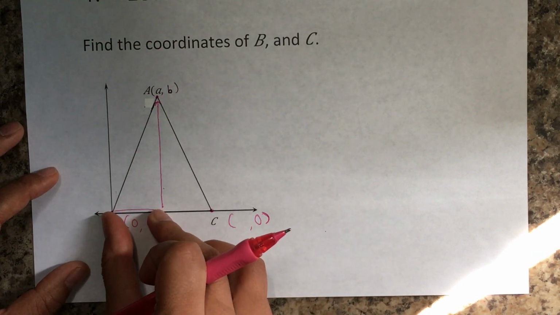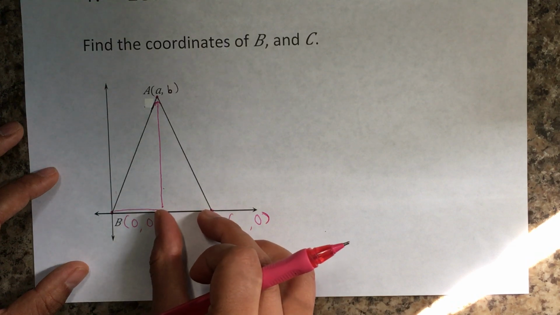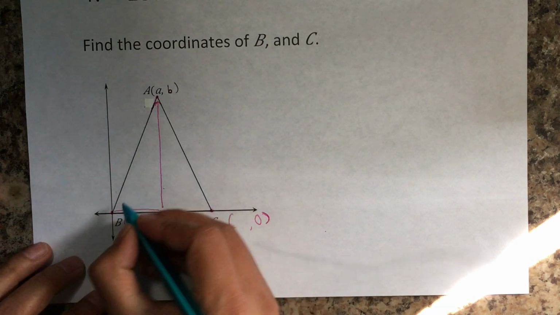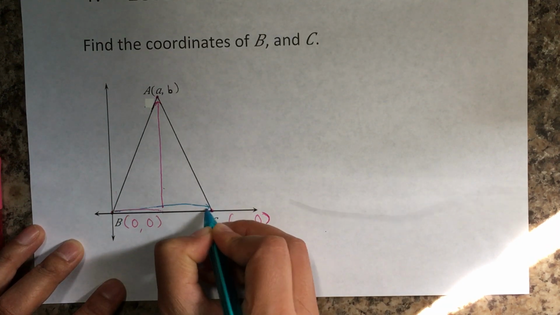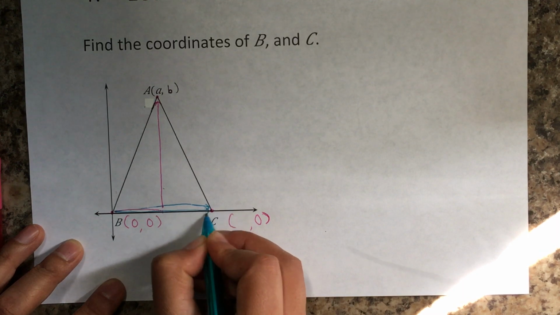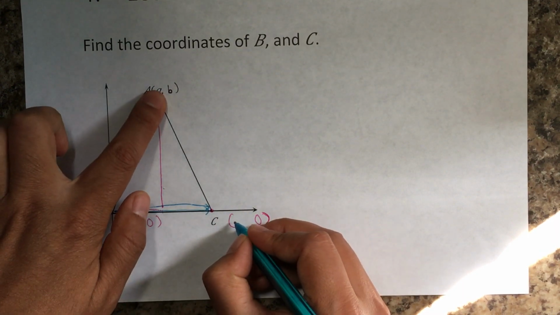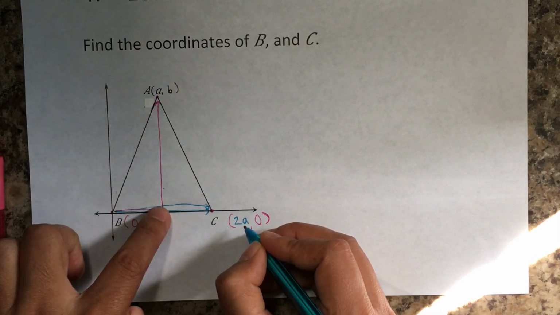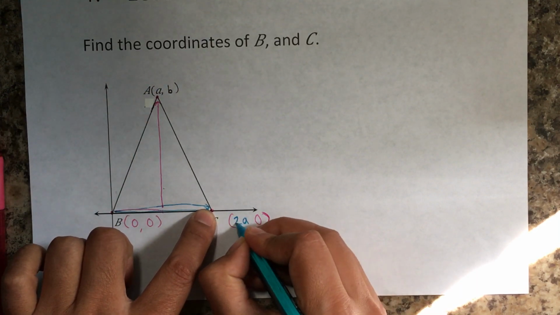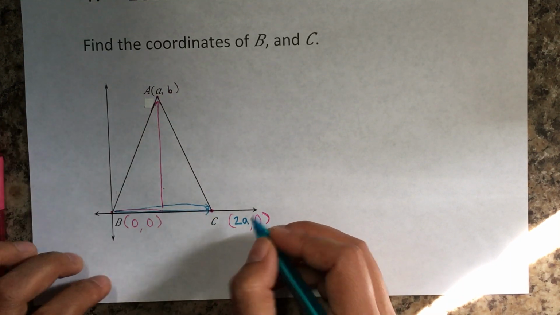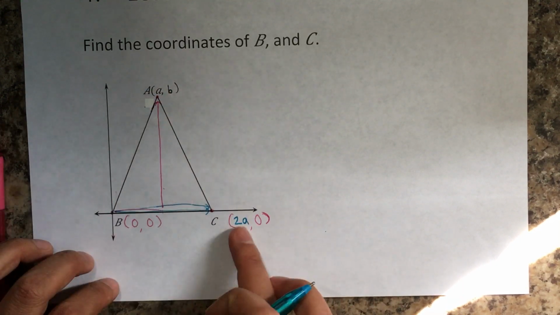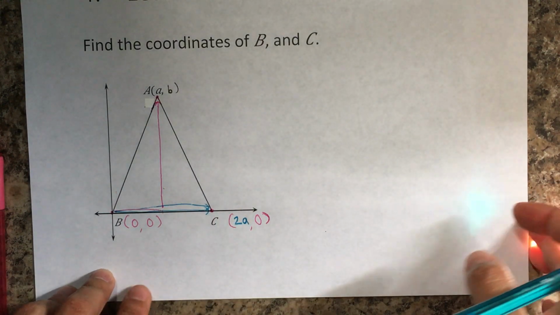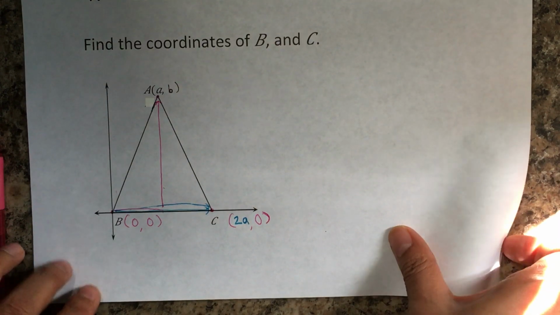Well, this is A and another A. So from here to here, it's going to be 2A. Why? Because I'm traveling A one time, two times. So they gave me this information, and that's how I use it in reference. I have two of those, so it's going to be 2A. Okay.